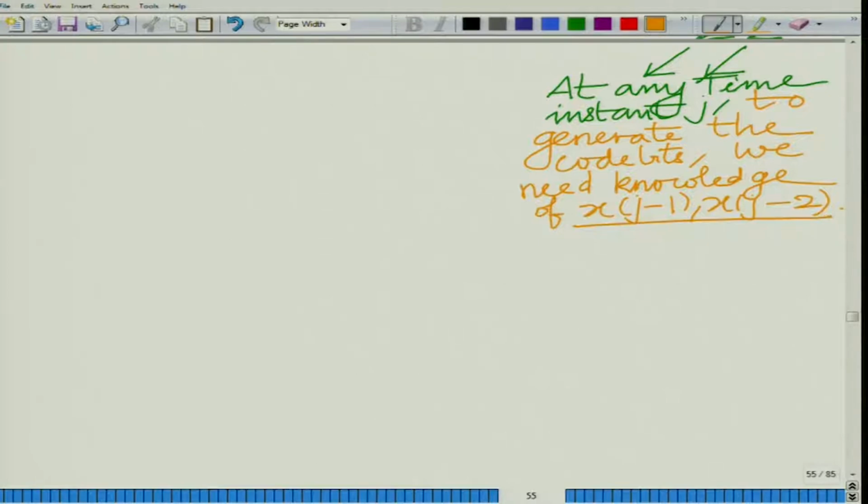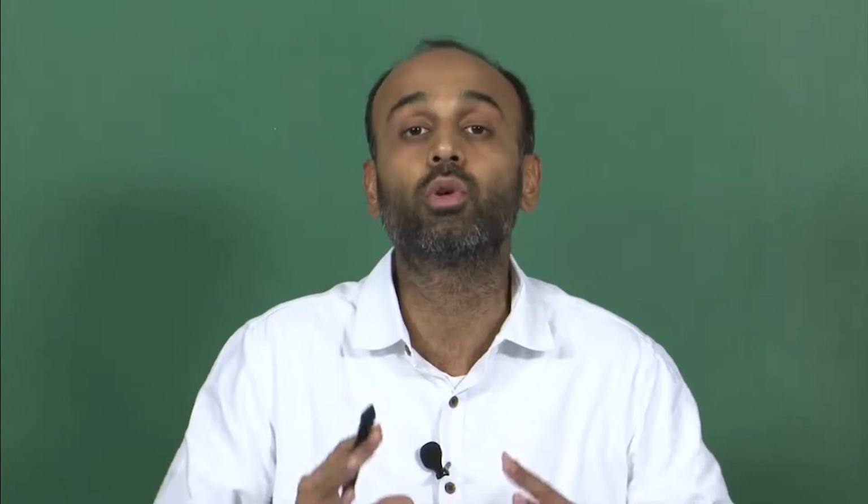That is, given xj minus 1 and xj minus 2 at time instant j, we don't need the knowledge of any other past information bits. So at any time instant j, the information bits xj minus 1 and xj minus 2 together with xj are needed, and only xj minus 1 and xj minus 2 from the past are needed. We don't need, for instance, xj minus 3 or xj minus 4, etc.